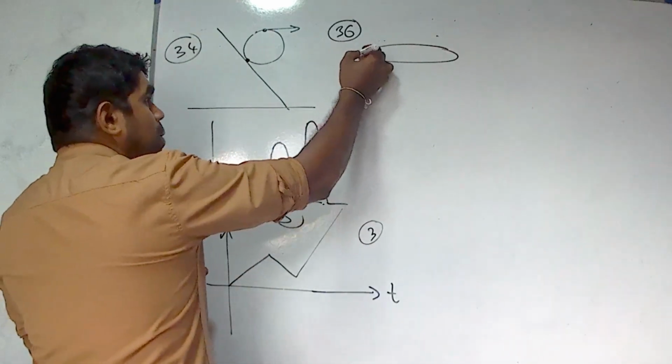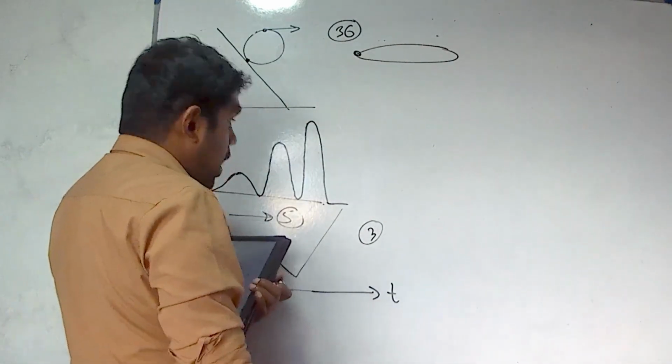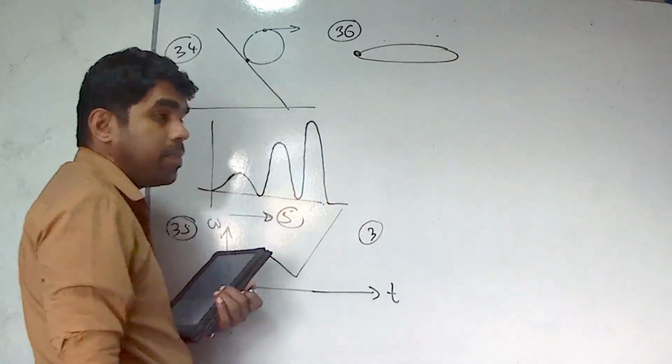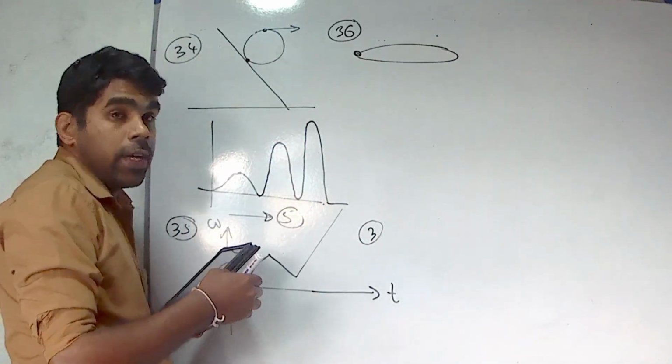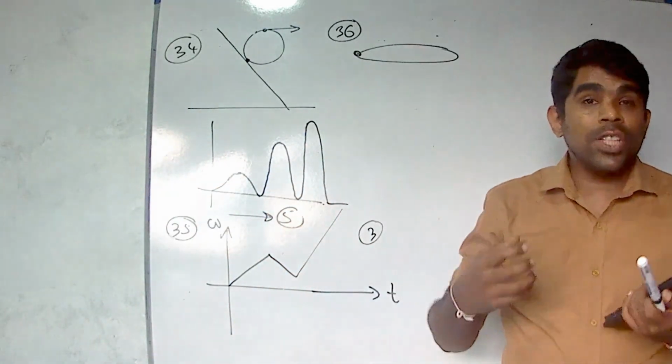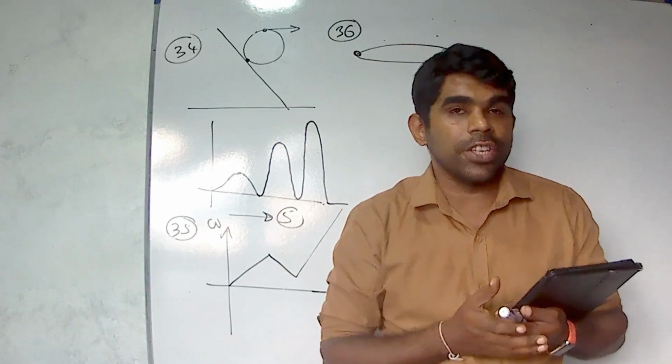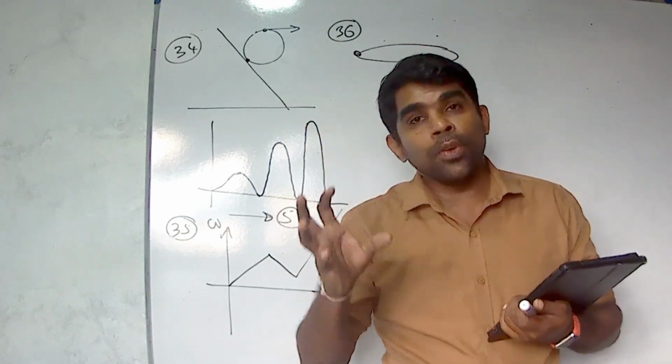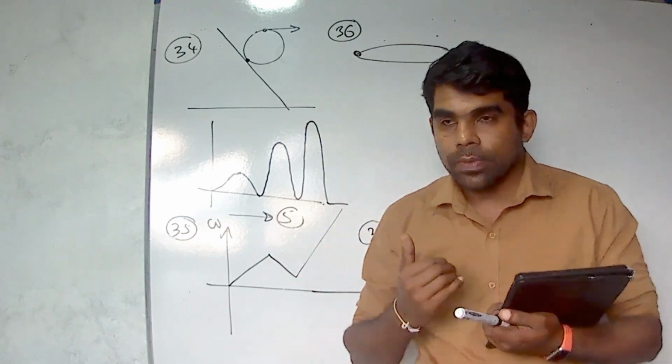The child is at this place and he is moving along the diameter. We know that there is no external unbalanced torque on the system. Therefore, angular momentum should be conserved.